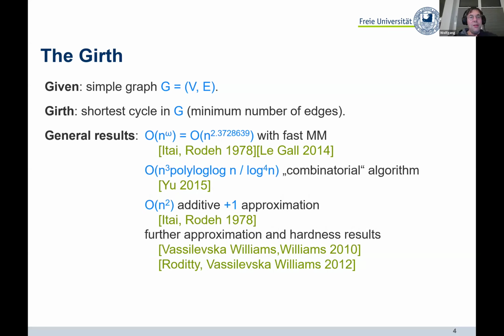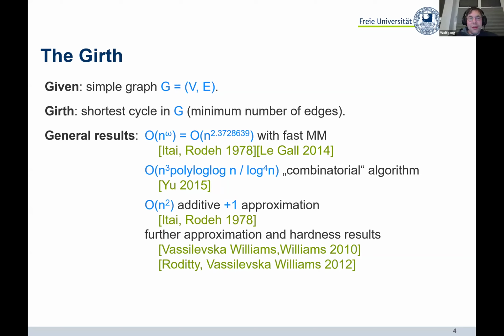So let me tell you what's known about this. I think the best known algorithm for general graphs to compute the girth, and also to determine whether a general graph contains a triangle, has running time n to the omega, where omega is the fast matrix multiplication constant.